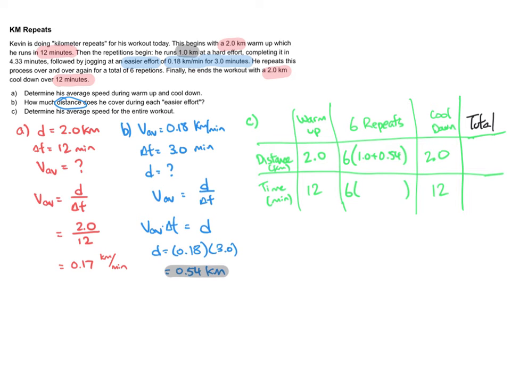So let's find out the times for the hard and easy efforts. So the hard effort's 4.33 minutes. And the easy effort is 3 minutes. So the overall time is going to be 6 times 4.33 plus 3.0.